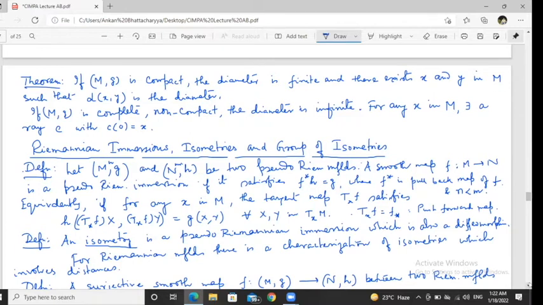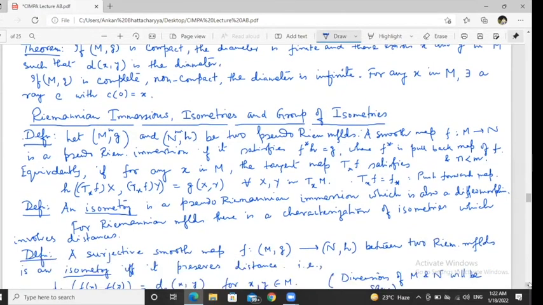Now we come to the Riemannian immersions, isometries, and the group of isometries. What are they? Let (M, g) and (N, h) be two differentiable manifolds or pseudo-Riemannian manifolds of different dimensions. I want to mention that they have different dimensions. M is of dimension m and N is of dimension n, with metrics g and h.